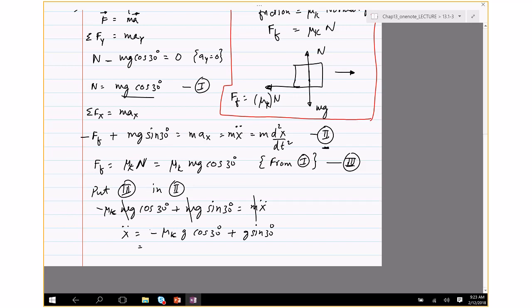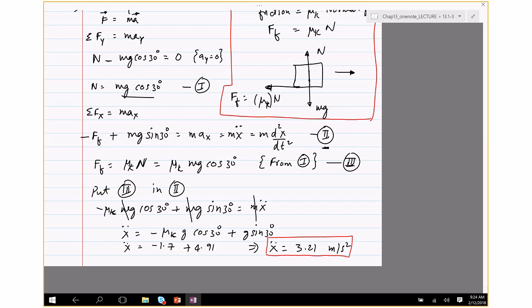So 0.1, so minus 1.7 plus 4.91. This gives me x double dot equals... So what comes out is that the acceleration is a constant.